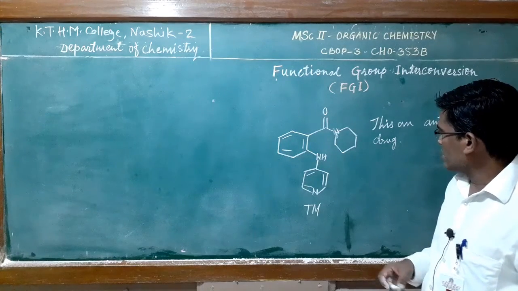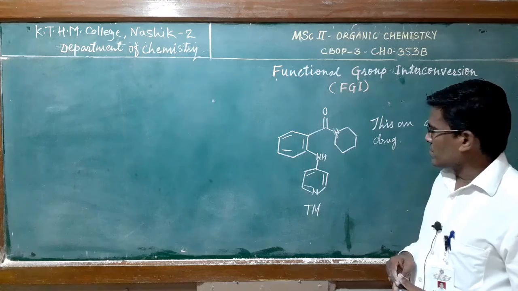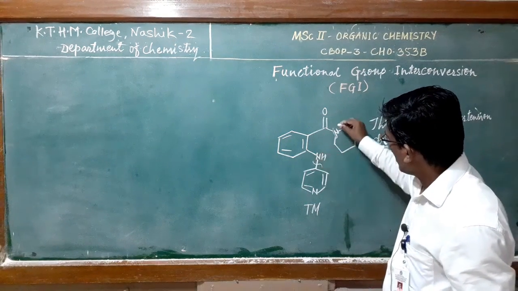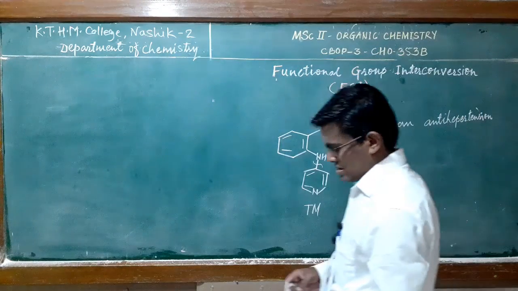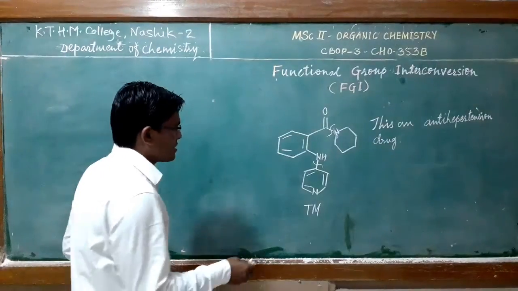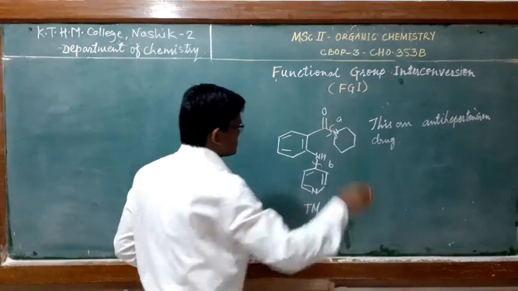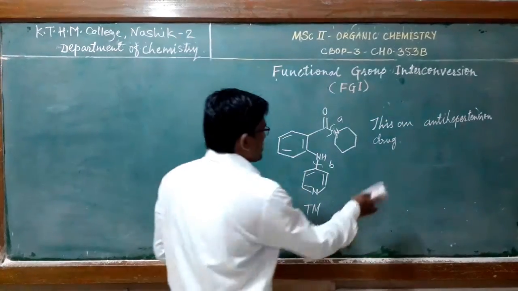So in this molecule, there are two possible disconnections, one over here and the other over here. I will call this one the B disconnection, and this one the A disconnection. So we will discuss one by one.